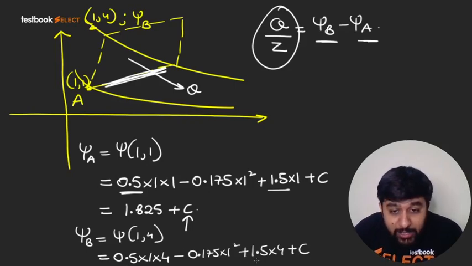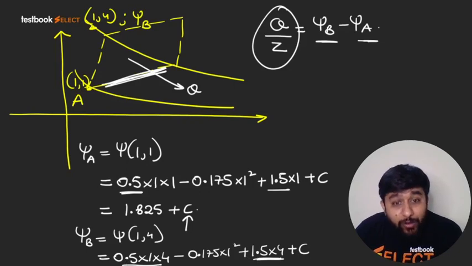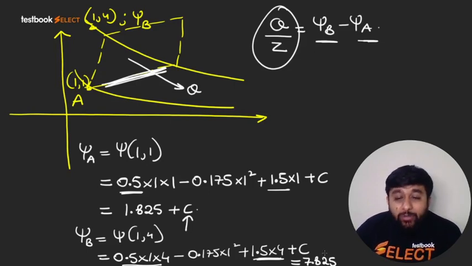Now 1.5 into 4 is 6, and 6 plus 2 is 8. Let me confirm: 1.5 into 4 is 6 only, 0.5 into 4 is 2 only. So 8 minus 0.175 becomes 7.825 units plus the constant of integration.